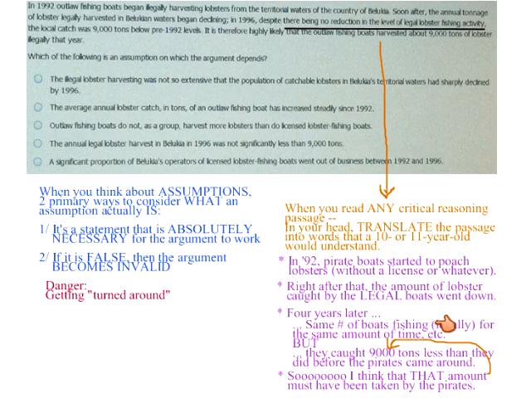Does anybody see anything that's necessary here? The question is, let's talk about how you find these. We'll talk about answer choices in a second. But the question is, where do you get things that are necessary?